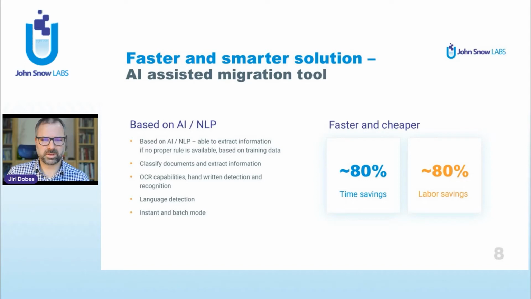We are able to classify documents. We have OCR capabilities. There is handwritten detection and recognition. There is language detection. We can work with multiple languages, and also we can work in batch mode or instant mode. In general, there are significant time savings and labor savings. So we can do it much faster with a much smaller group of people doing the migration.